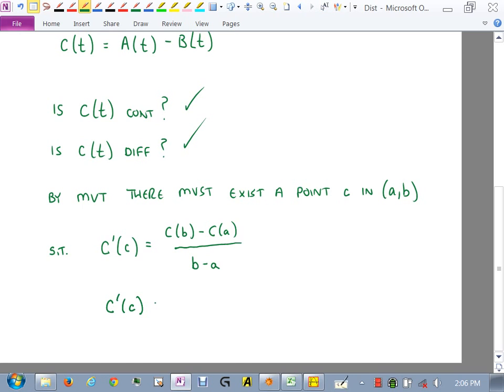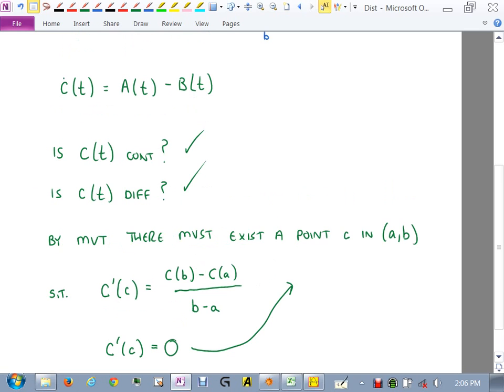The mean value theorem guarantees us there's a point somewhere in AB where C prime is 0. But what's C prime? Go up here to C and take its derivative. The derivative of C is just the derivative of this, isn't it?